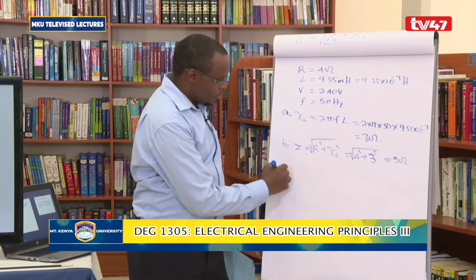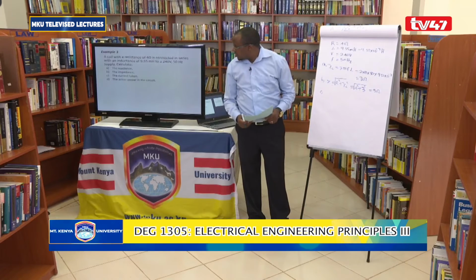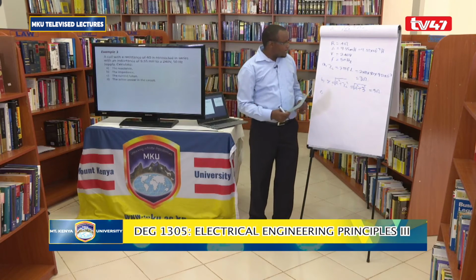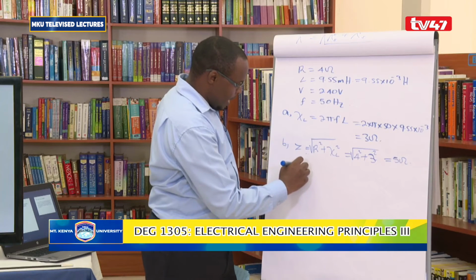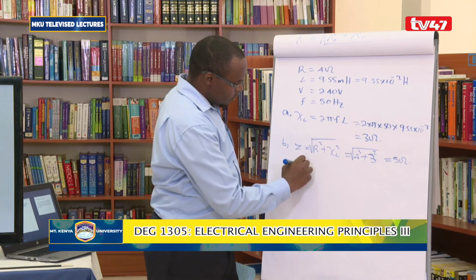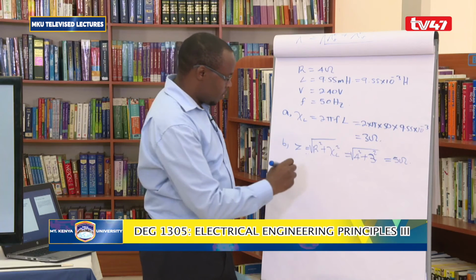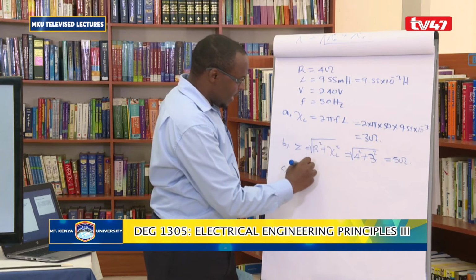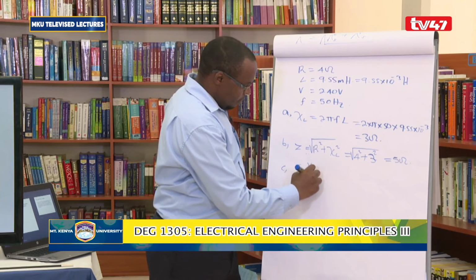Then part C is asking you to get the current taken. Remember, we have the voltage, and now we have the impedance. So the current is given by the voltage divided by the impedance.